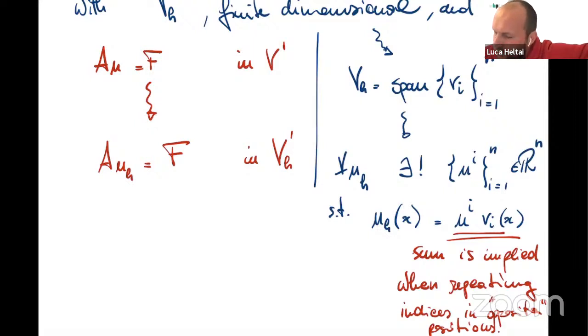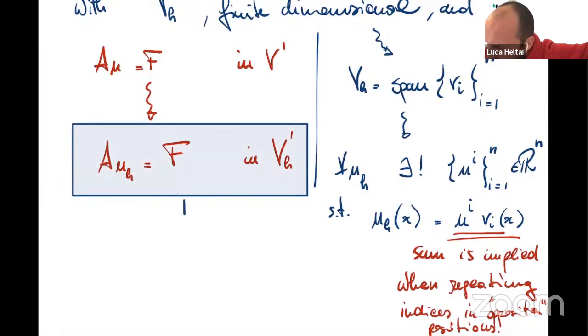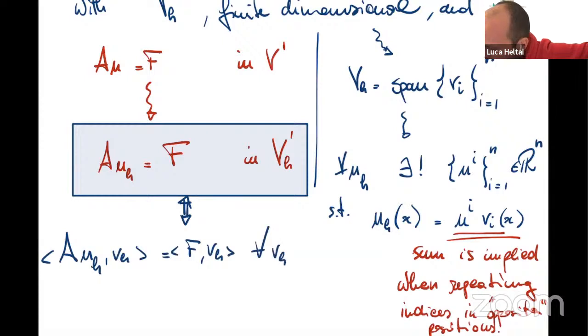So the idea here is that when I write this in VH prime, that doesn't really mean much if you don't contextualize this. So this actually is equivalent to saying that for every VH, you can write this equation in capital VH.